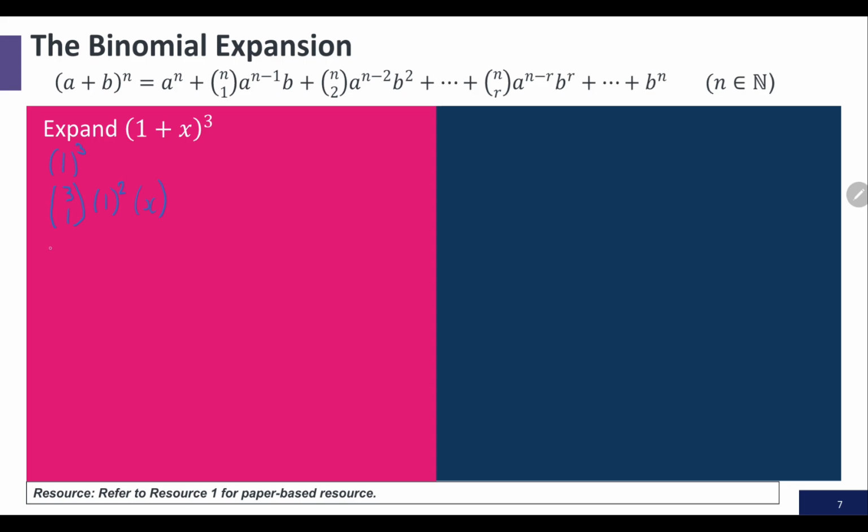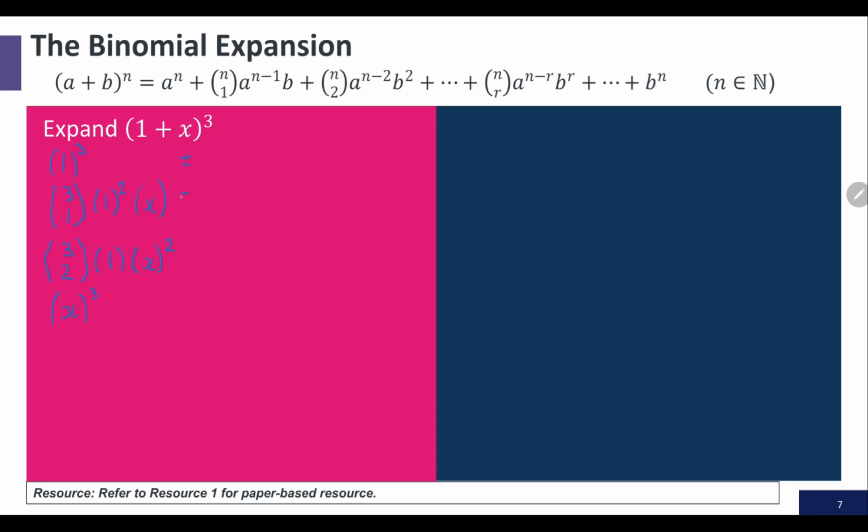The next term after this is going to be 3 choose 2. It's going to be 1 to the power of 1, which is just 1. And the x term is going to then be squared. And then the last term, instead of writing 3 choose 3, we're just going to write x cubed like that.